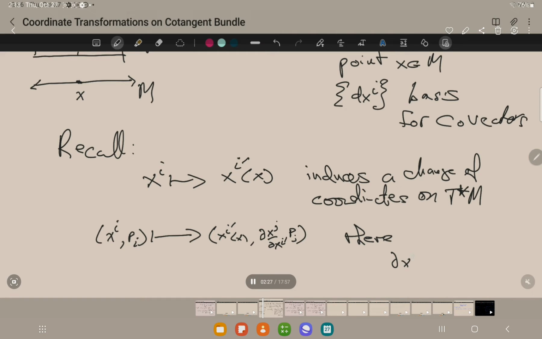Of course, partial xj over partial xi prime is an inverse Jacobian, opposite to the one we use for the tangent bundles.